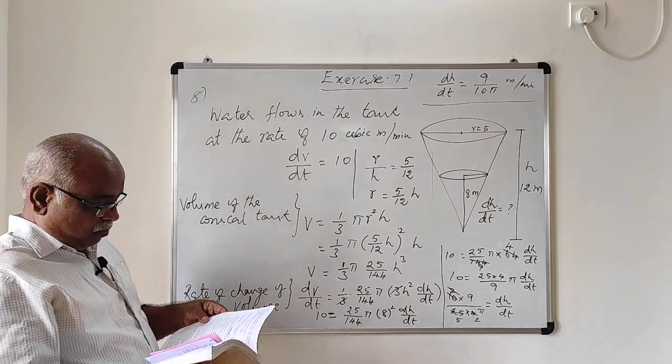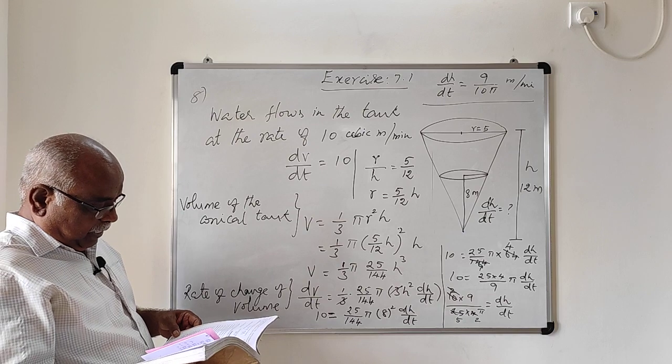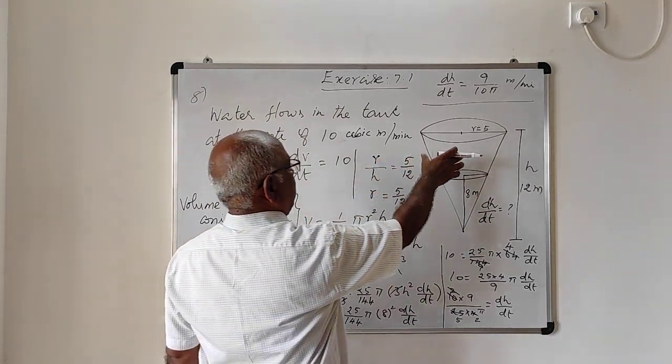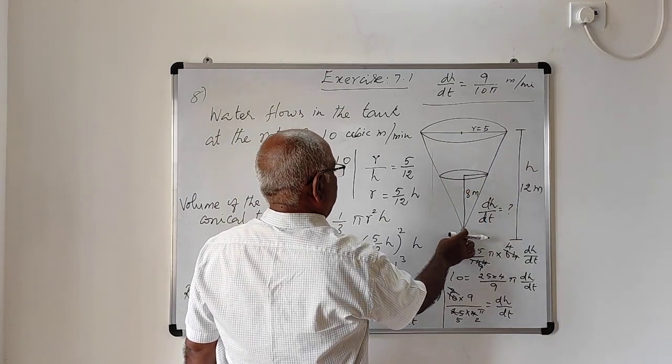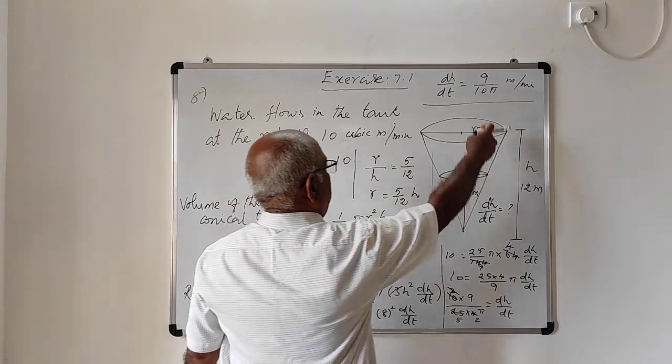Next, the ninth problem in the textbook. A conical tank, an inverted conical tank, with the vertex at the bottom, total height is 12.